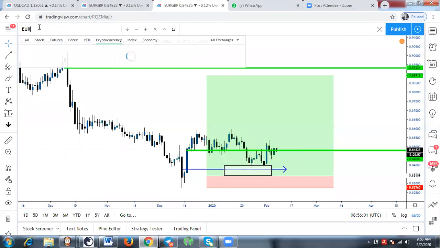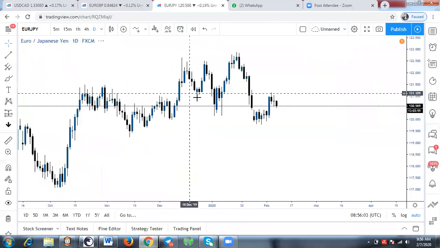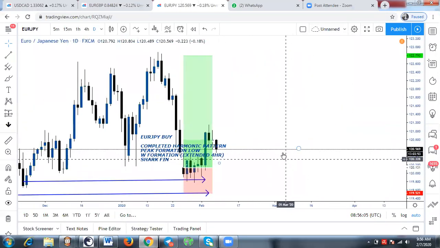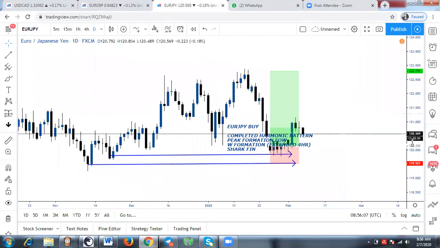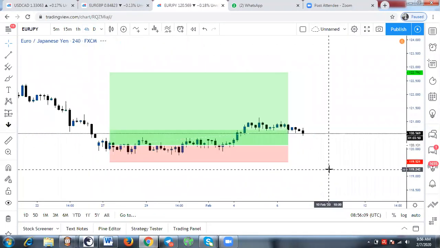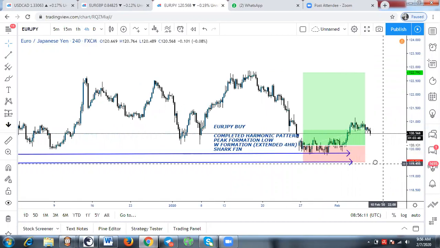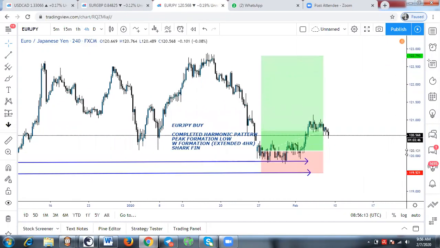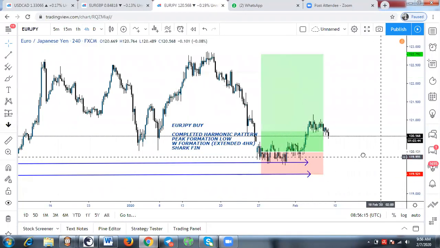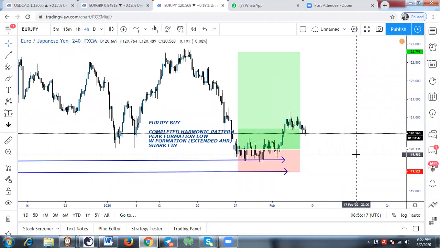Let's see. Euro JPY. All right, so after that, I can call this a success. Why? Because any trade that goes above 20 pips to us is a success, because our trade risk management requires that once a trade has moved 20 pips, secure at least 1 pip.